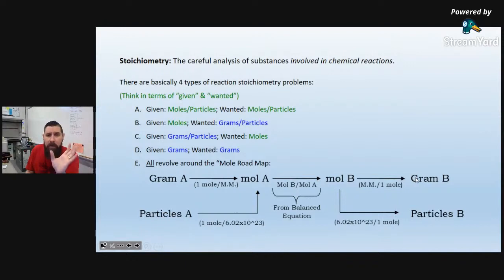I explain how you do molar mass, how you deal with Avogadro's number. And again, once you know those things, you're going to be in better shape for this particular material.